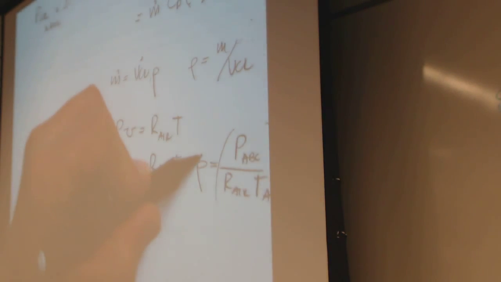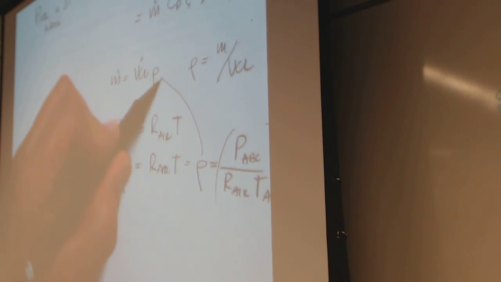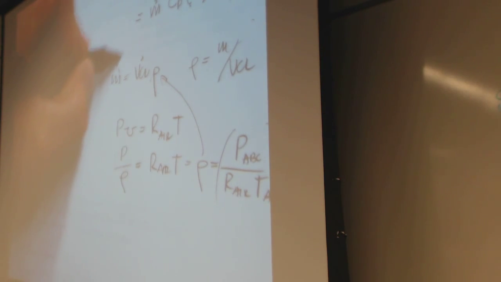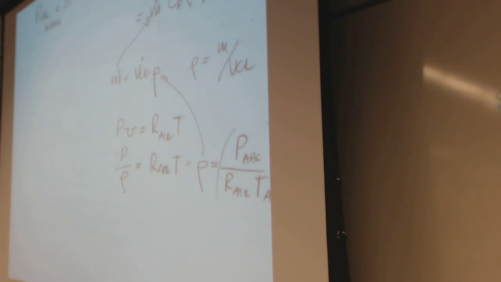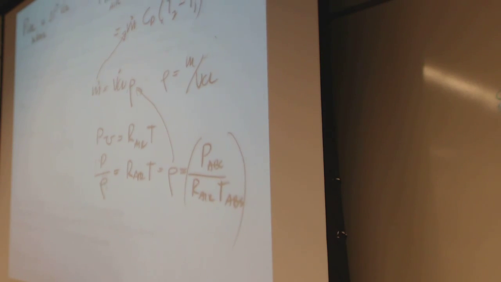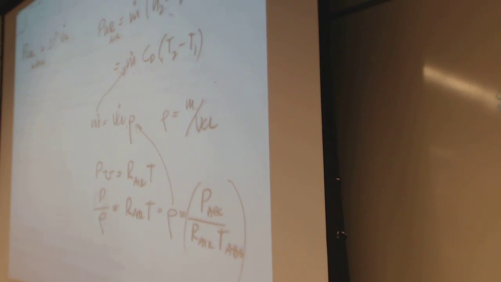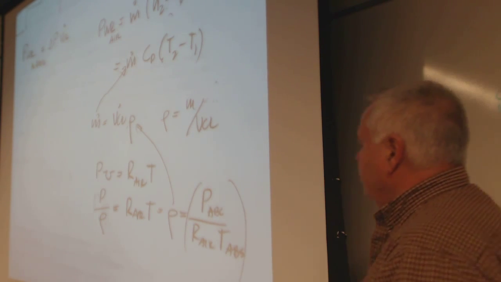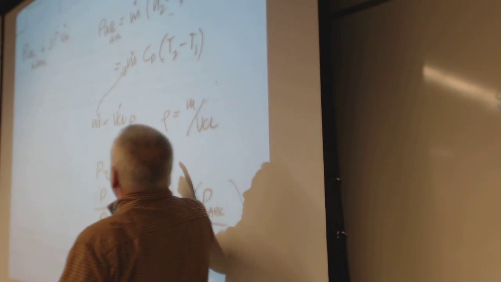So if you incorporate this into this equation, we should have everything we need to find the air power being furnished to the motor. The air power that's actually being used.